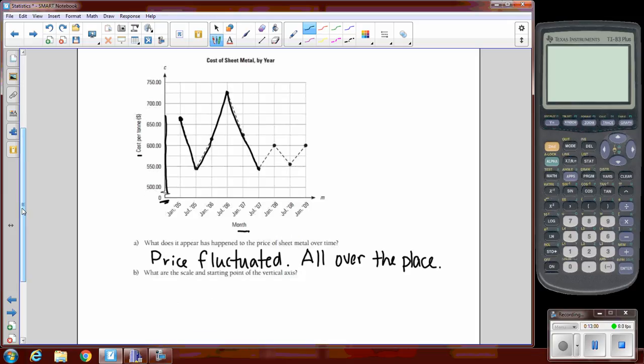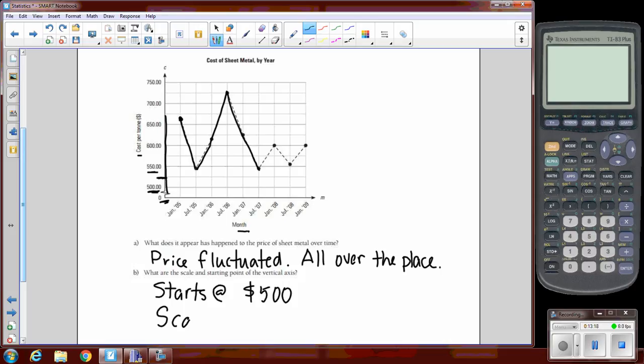We could say it starts at $500. And the scale they use, if we look, it's at 500, then it's 550 with something in the middle.